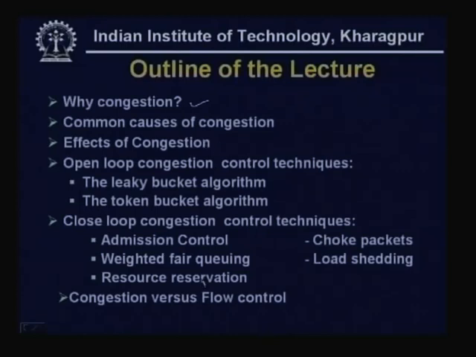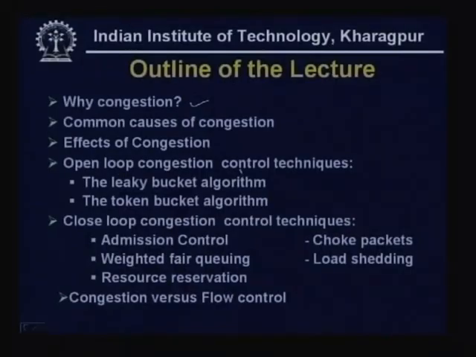And we shall discuss two basic approaches for controlling congestion. One is open loop techniques, another is closed loop techniques. Under the open loop congestion control techniques, we have two important algorithms. One is known as the leaky bucket algorithm, another is the token bucket algorithm.